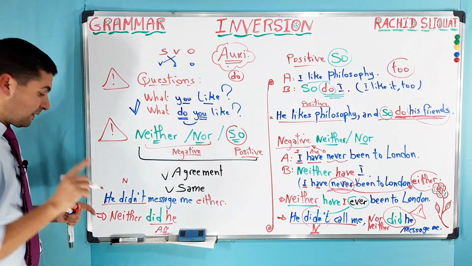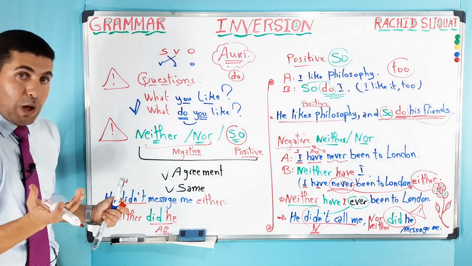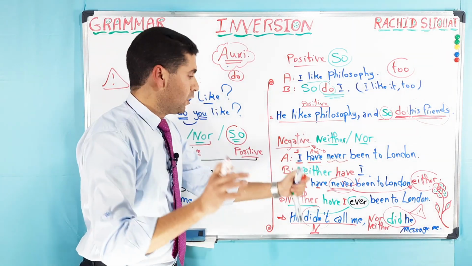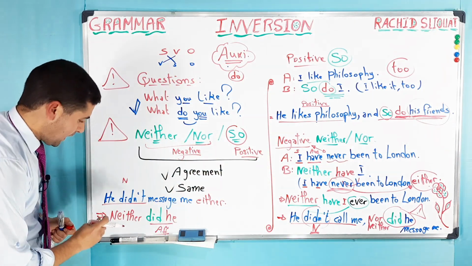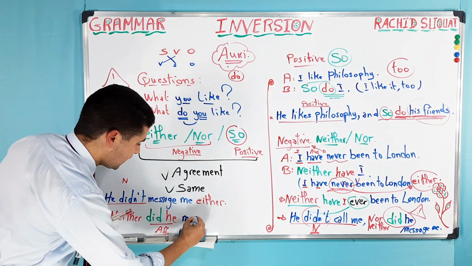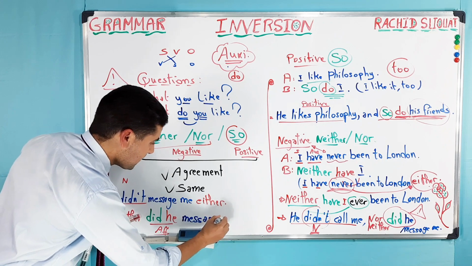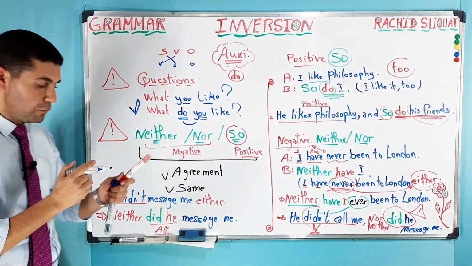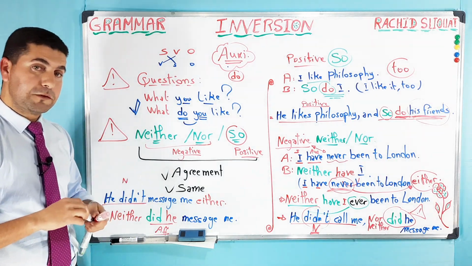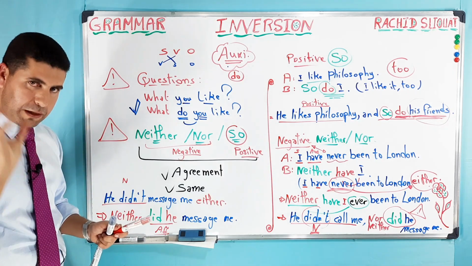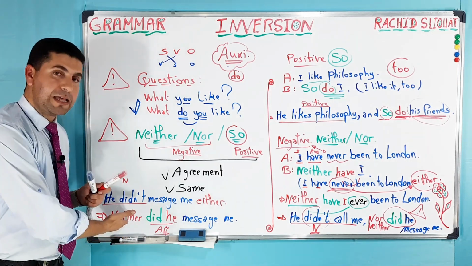But it's still negative sense. Why? Because we have neither. And neither and nor, both of them are for negative meaning. Okay? So, neither did he message me. I am doing this with you very simply because you might be asked to rewrite a sentence or to choose the correct answer with neither in the beginning.